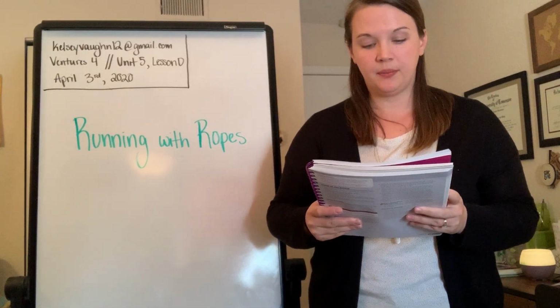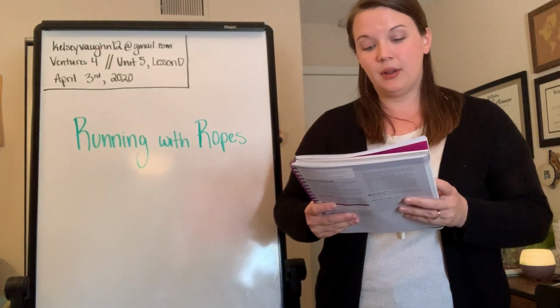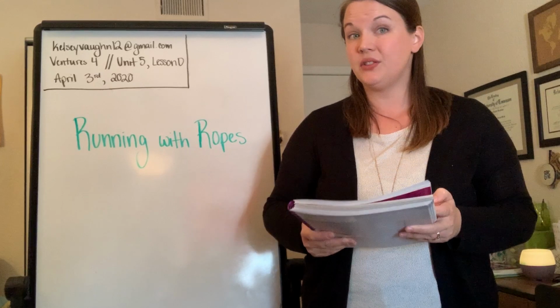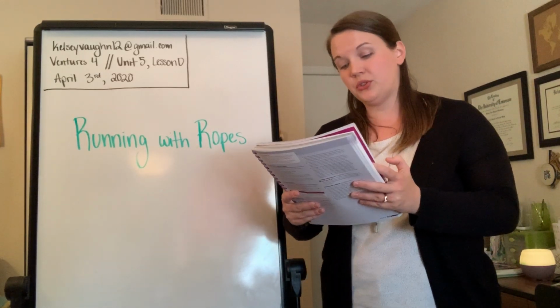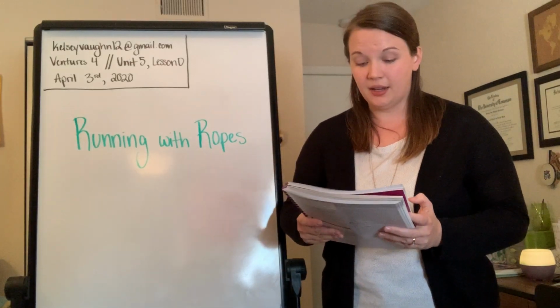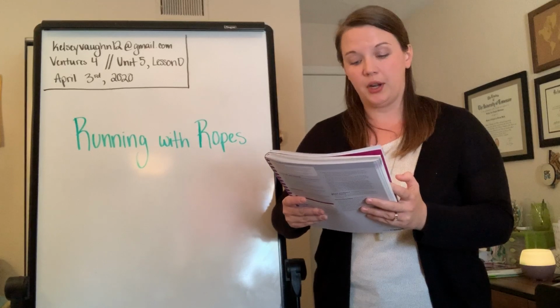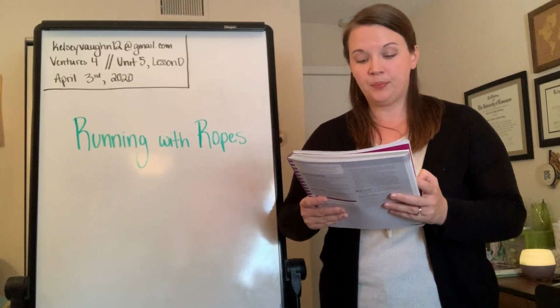Running with ropes. Imagine running with your eyes closed. How do you feel? Insecure? Afraid? Justin Andrews knows these feelings very well. Justin is a former long-distance runner who lost his vision because of a grave illness.